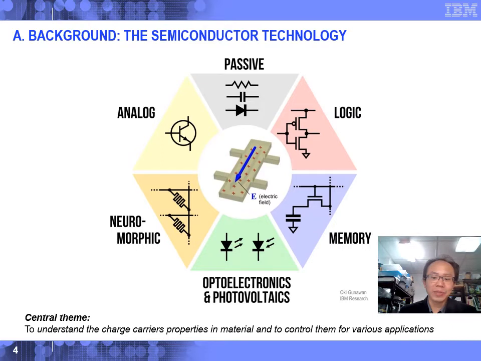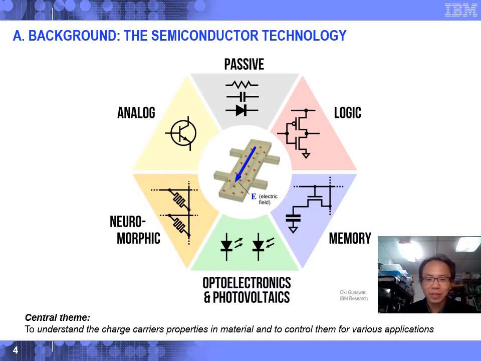So as a big picture, the motivation of this research is to understand the charge carrier properties in semiconductors or electronics material. So obviously we know the importance of semiconductor technology in our modern civilization.